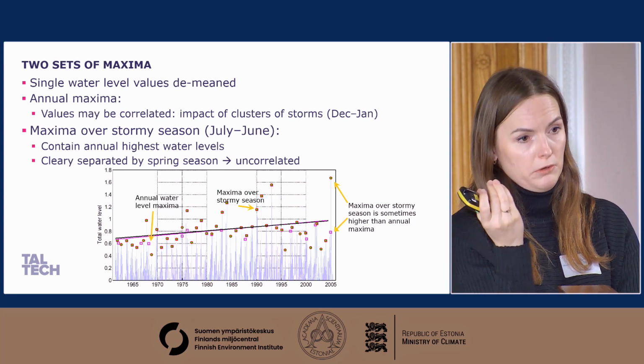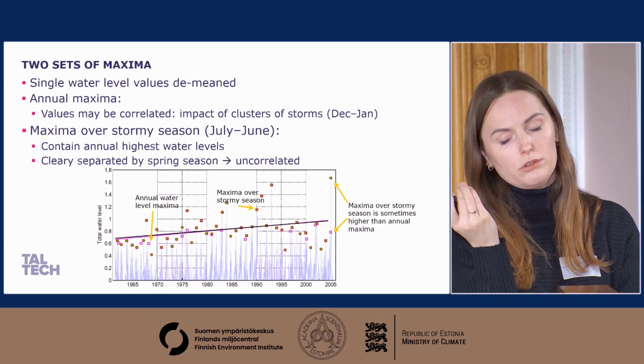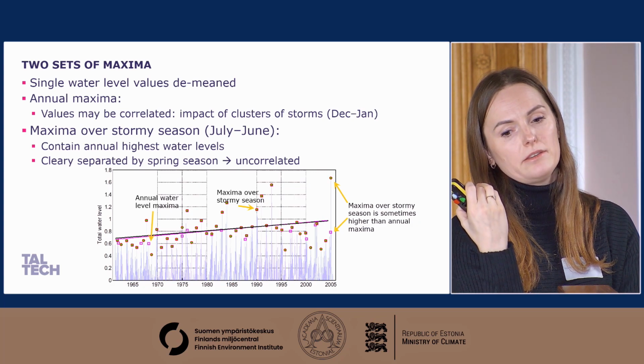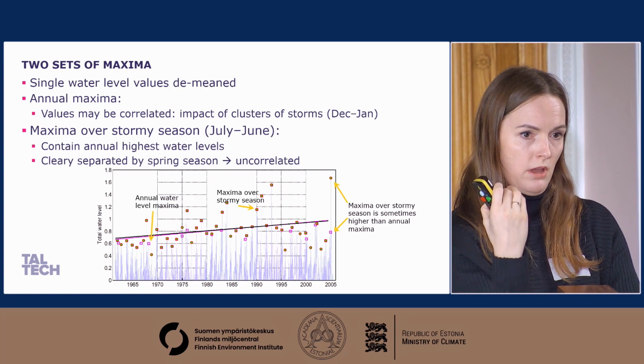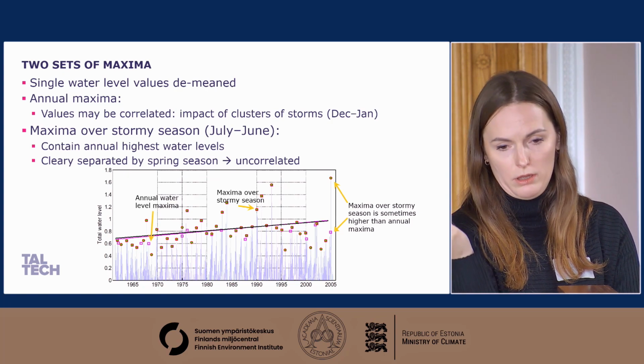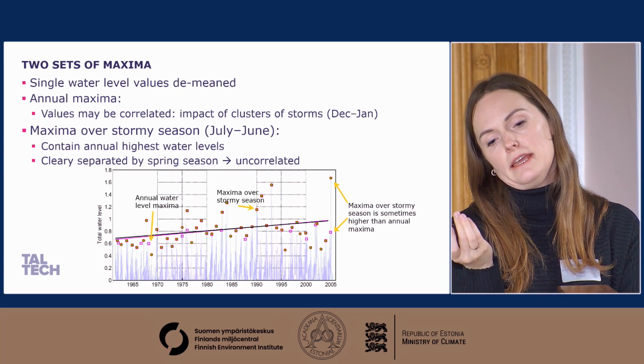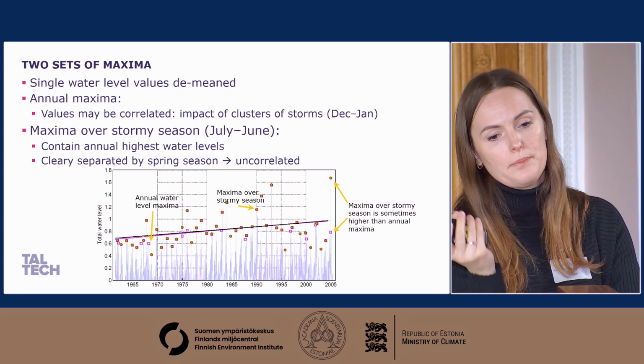And to avoid that kind of correlation, we use another set of maxima over the stormy season, starting from July of one year and ending in June of the subsequent year.